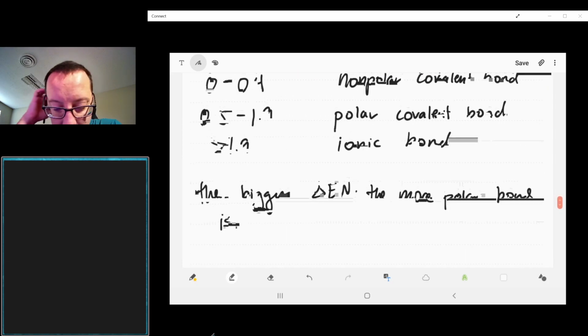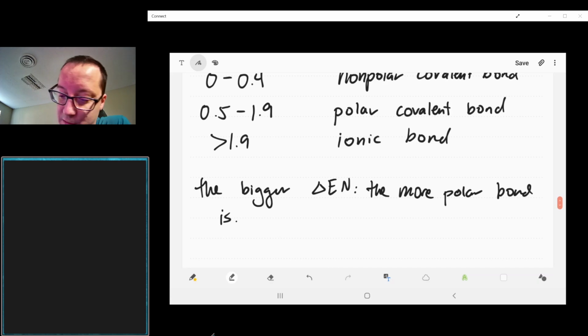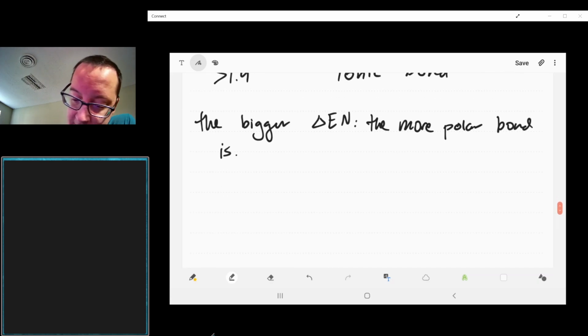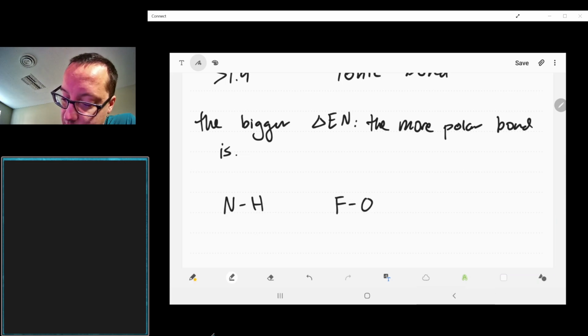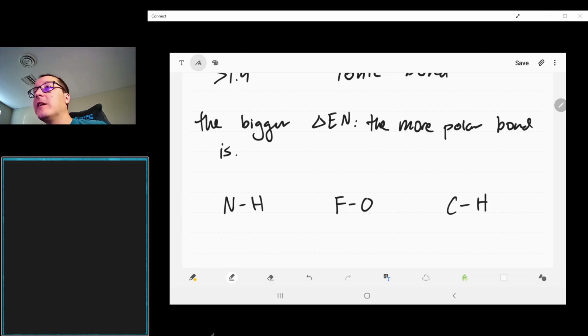So let's go ahead and look at a couple of examples here. How about we look at these three bonds and determine if these are going to be polar bonds or not. And how we're going to do that is we're going to look at their electronegativities.